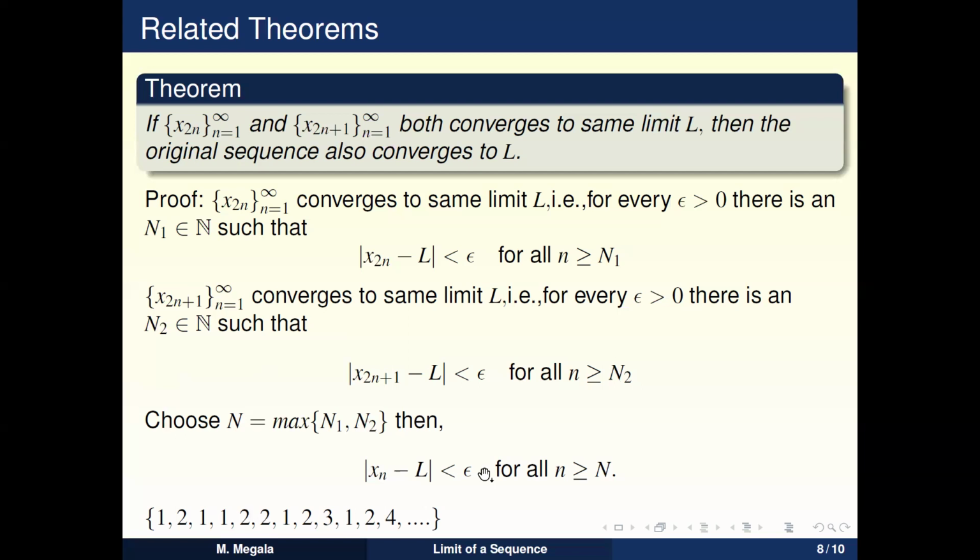This means after this n, all terms in the sequence satisfy this inequality. So simply I can write |xn minus L| is less than epsilon. And this is for a fixed epsilon, but it is true for all epsilon. So we can say xn converges to L.